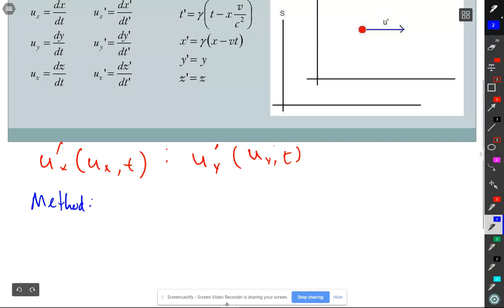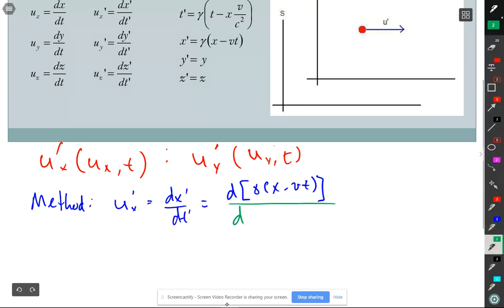Okay, well, once we have the function, we took the definition that ux prime is equal to dx prime over dt prime, and so we substituted d of gamma times x minus vt, with the recollection that gamma and v are constants.